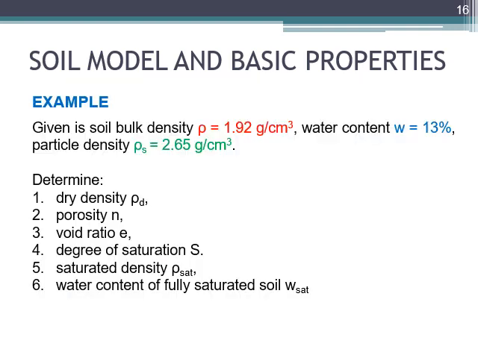Now, if you know the definitions of all the physical parameters of soil, then having values of one set of parameters, you will be able to calculate other values. For instance, known are the bulk density, the water content, and the particle density. And this is enough to calculate other parameters like dry density, porosity, void ratio, degree of saturation, saturated density, and water content of fully saturated soil.